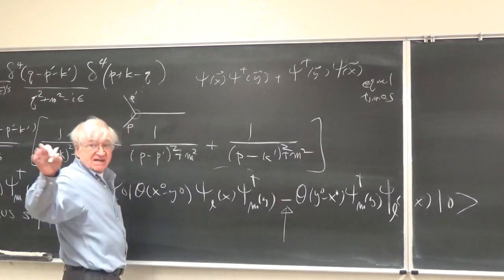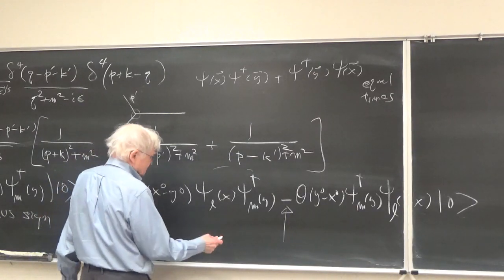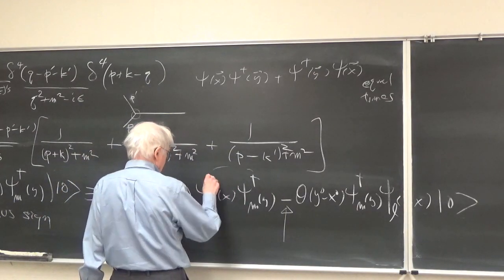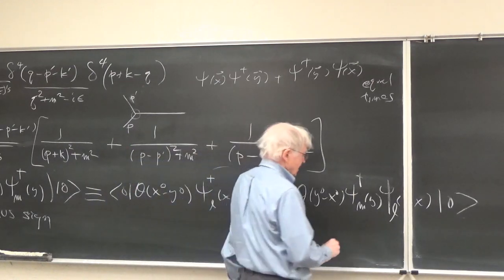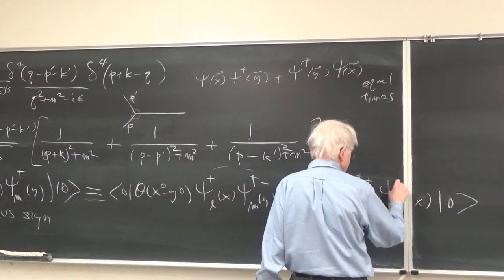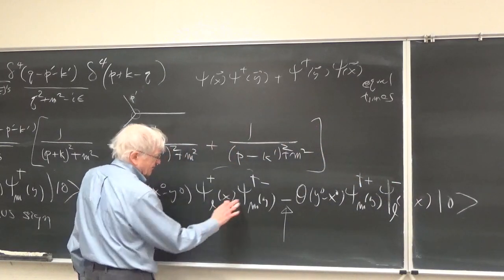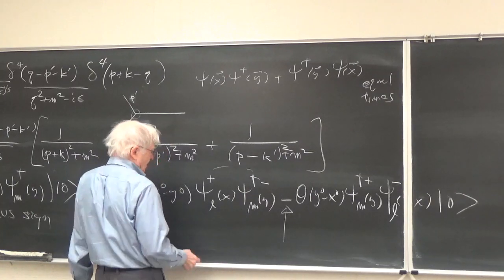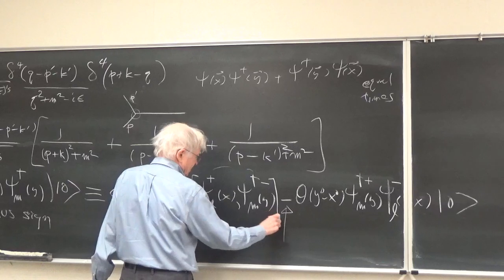Now, if we go through the same tricks as over there, what we see is this is psi plus here, and it's psi dagger minus, and here is psi dagger plus and psi minus. And then, if we turn them about, we get 0, so we can put in an anti-commutator here.